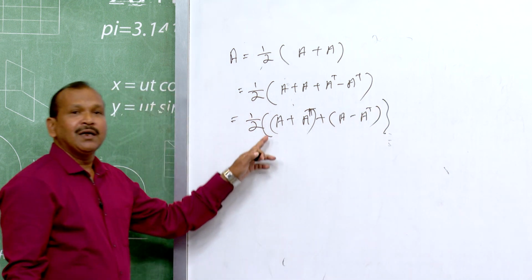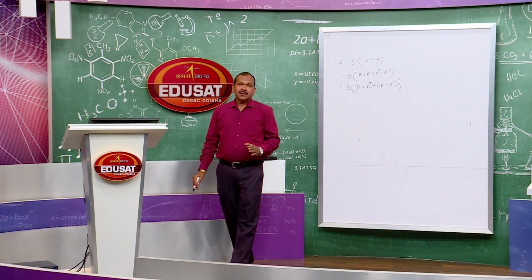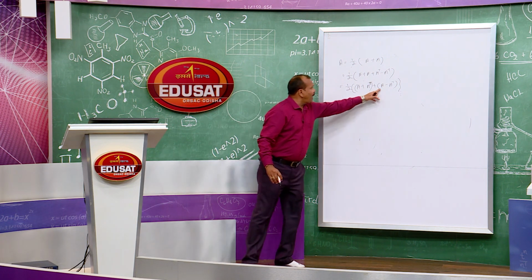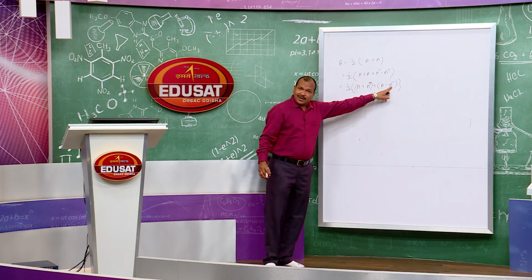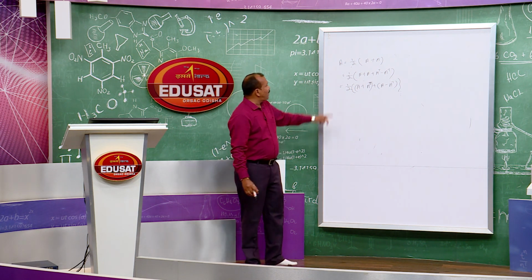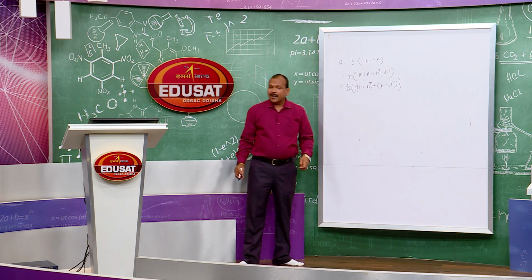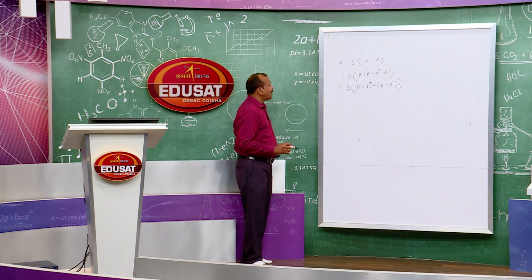Then we know that A plus A transpose is always a symmetric matrix and A minus A transpose is always a skew symmetric matrix. Then every matrix A can be expressed as a sum of symmetric and skew symmetric matrix.